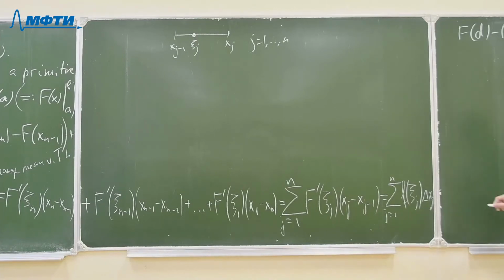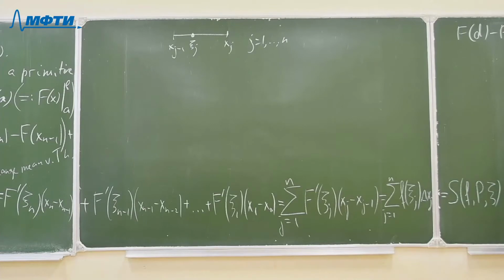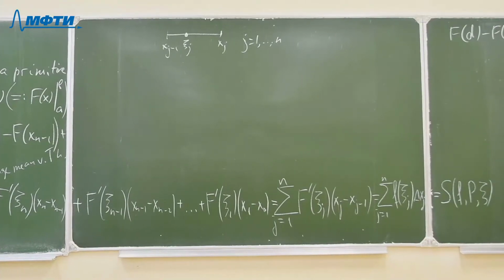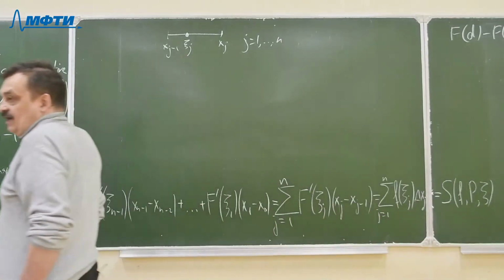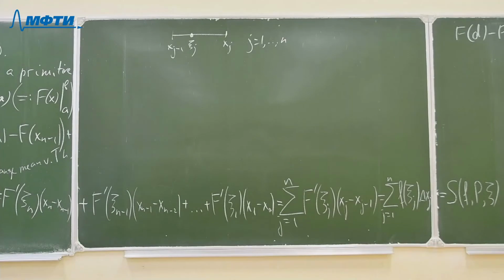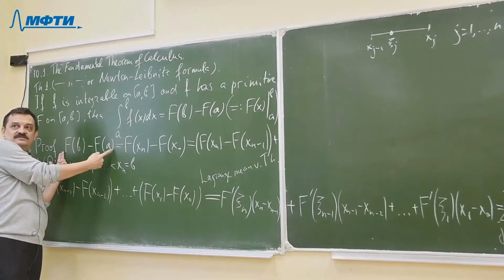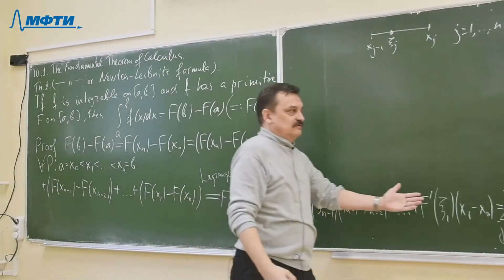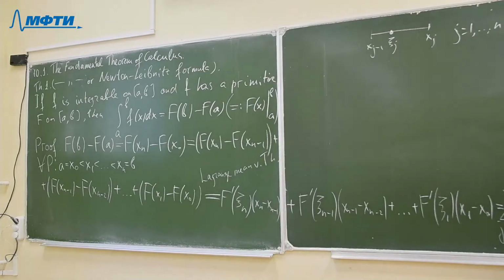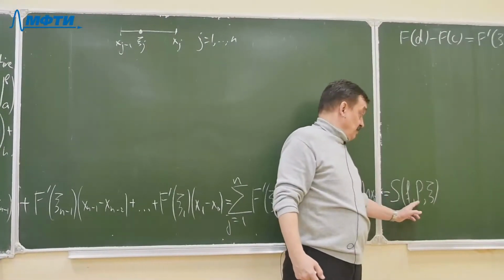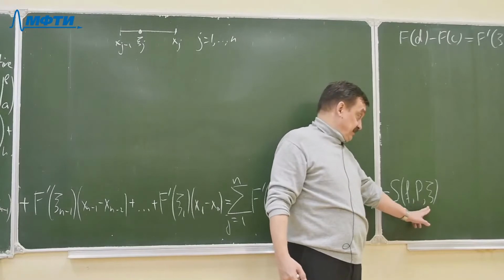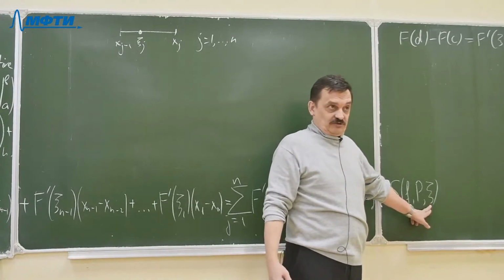That is precisely an integral sum. So, look, we consider an arbitrary partition and we start with a number, right? That is a fixed number. And this fixed number equals an integral sum, right?